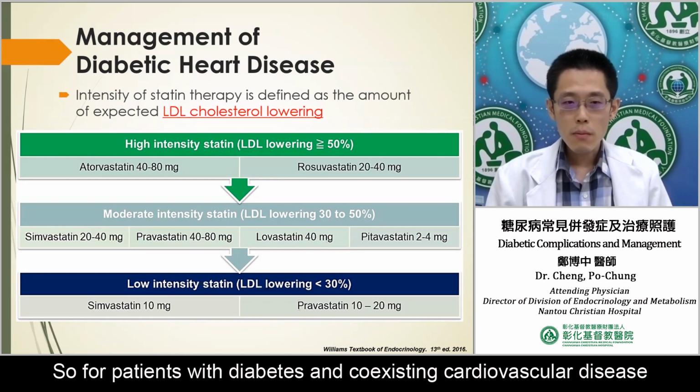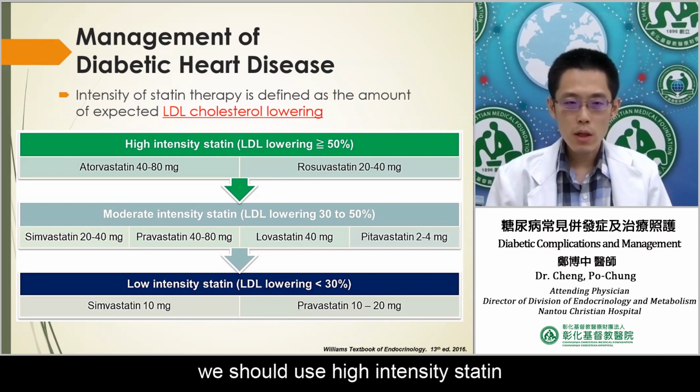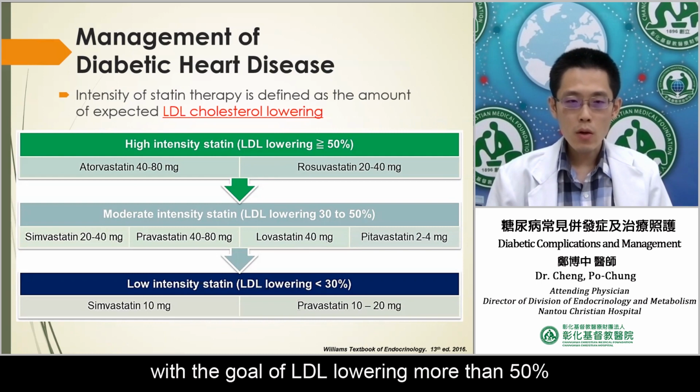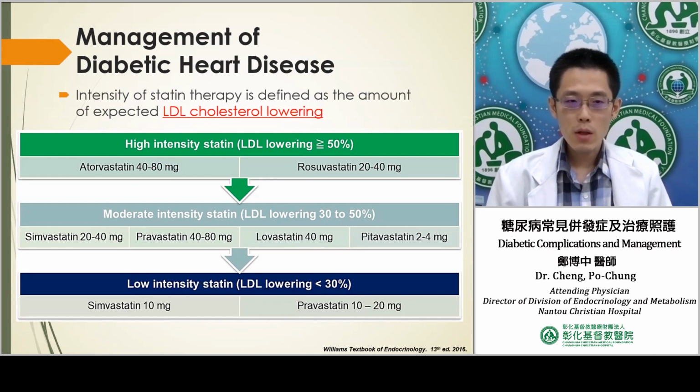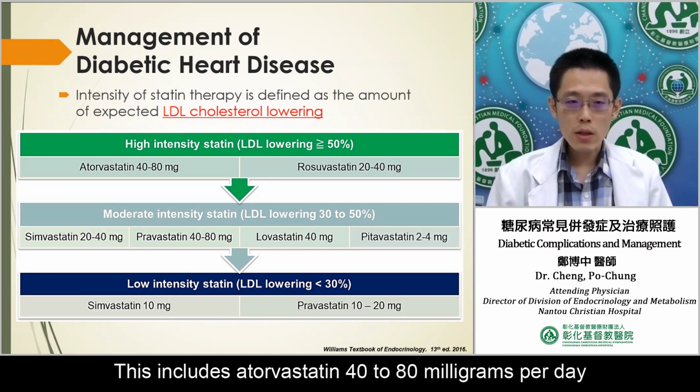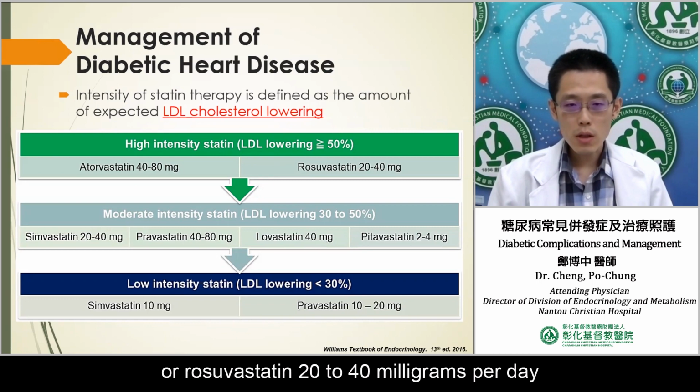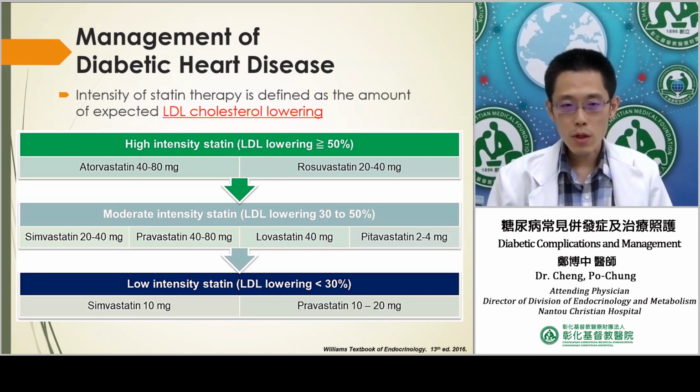So for patients with diabetes and coexisting cardiovascular disease, we should use high-intensity statin with the goal of LDL lowering more than 50%. These include atorvastatin 40 to 80 milligrams per day or rosuvastatin 20 to 40 milligrams per day.